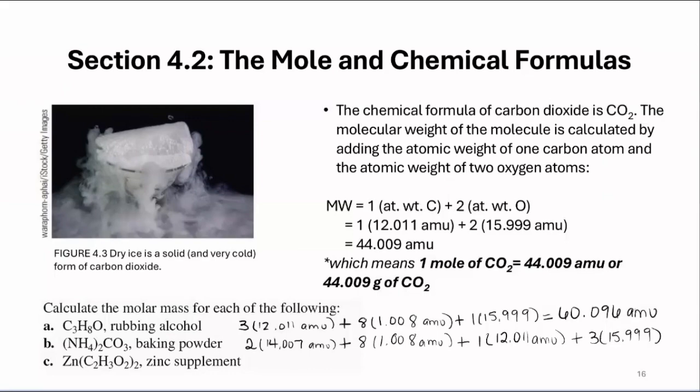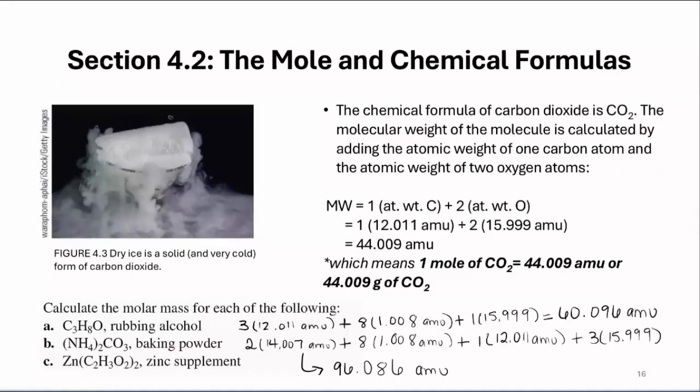Which means that when we add all these amounts, 2 times 14.007 plus 8 times 1.008 plus 12.011 plus 3 times 15.999, the mass of ammonium carbonate, I'm going to write it right here, is going to be 96.086 AMU.